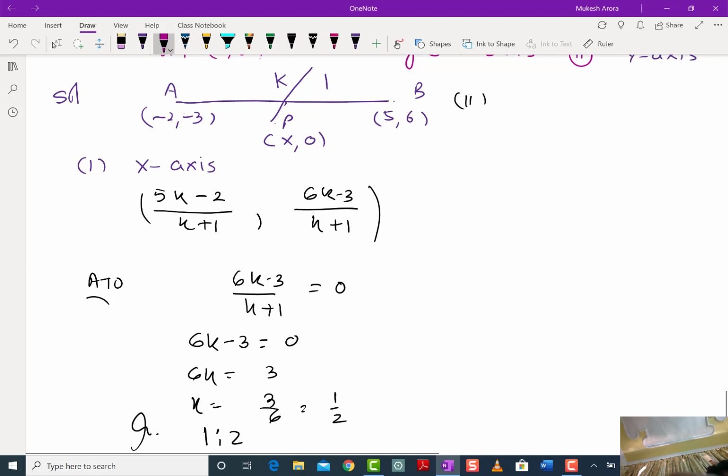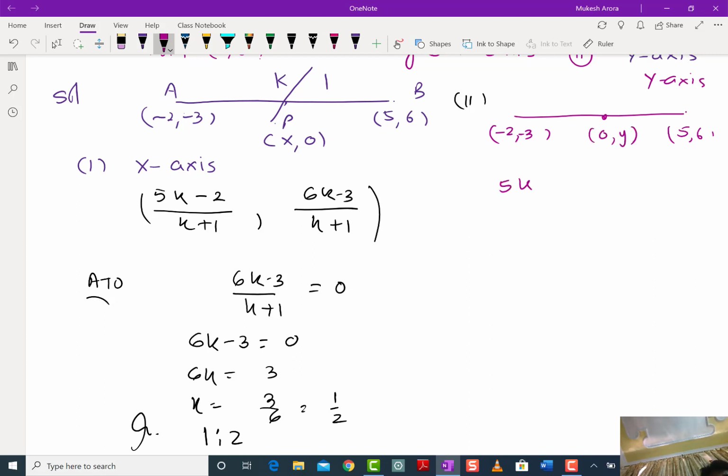Second part of the question is for this only. This is minus 2 and minus 3, and this is 5 and 6. Now it is at the y-axis. On the y-axis, x will be 0 and y has some value. So it is 5k minus 2 upon k plus 1, comma 6k minus 3 upon k plus 1.